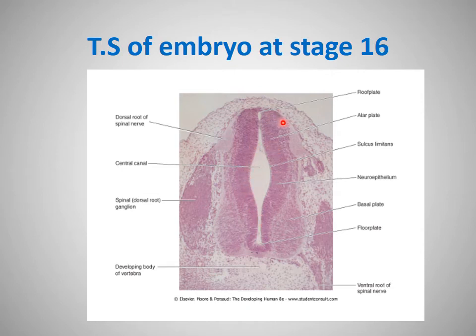Now, you can identify the alar plate and the basal plate also here, and this is the dorsal root of the spinal nerve, and you can identify this dorsal root ganglion, which consists of the pseudo-unipolar neurons. And this is the mesenchyme, which will later on form the vertebral body.